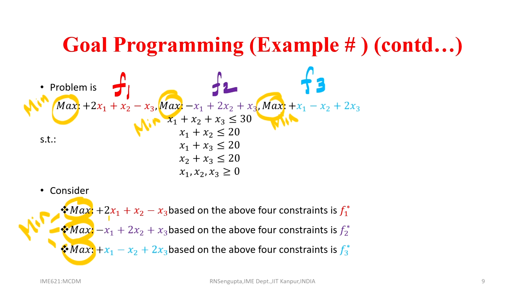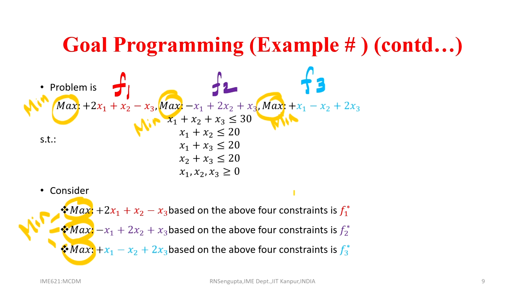So, here it is maximization of the first function, which is shown in red. By the way, why I mentioned red, violet and blue will become very clear as we solve the problem. So, the transformation of the objectives into the constraints step by step for these 3 problems, the color coding will make things much easier for all of you to understand and for me to explain.